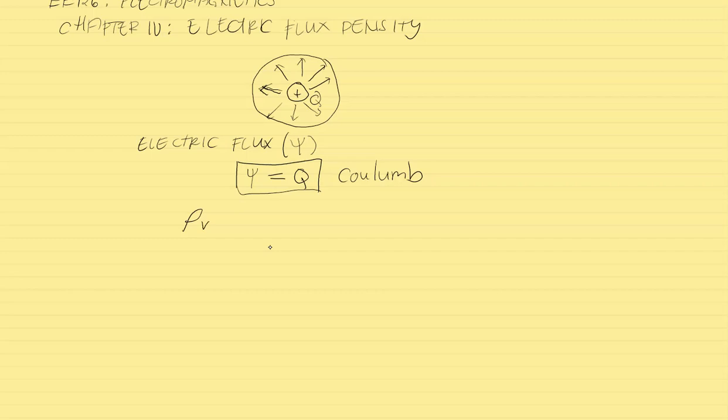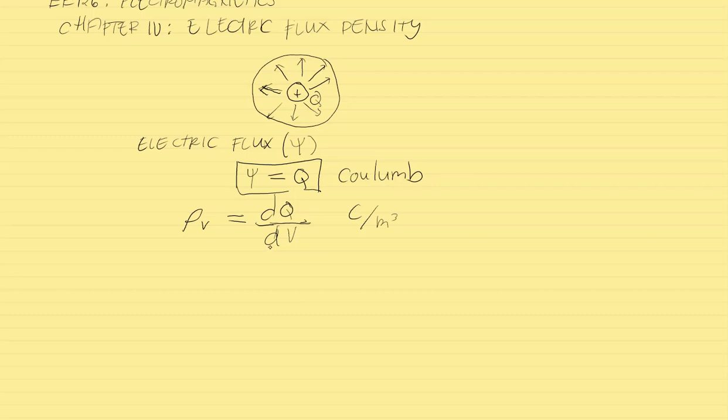This is the volume charge density, so it is the total charge divided by the total volume, dq over dV. The unit for this one is coulomb per cubic meter.